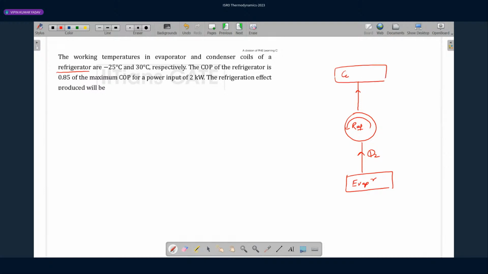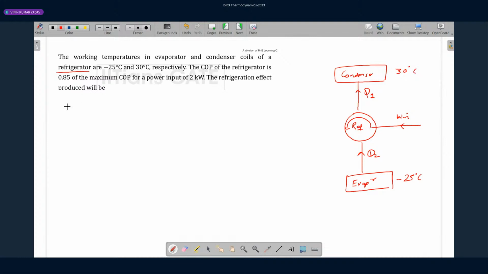So in this case, the condenser is higher. And in order to do that, we require work input. So this is Q1. Now the evaporator is at minus 25 degrees Celsius and the condenser is at 30 degrees Celsius.